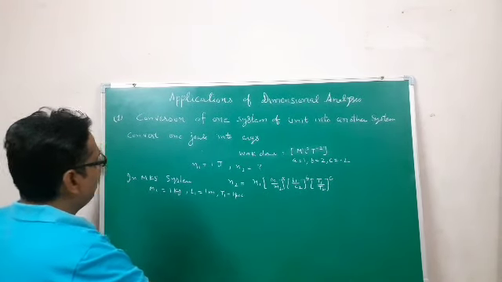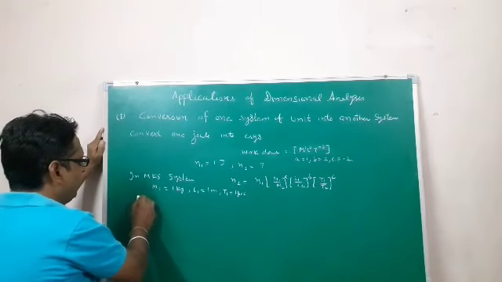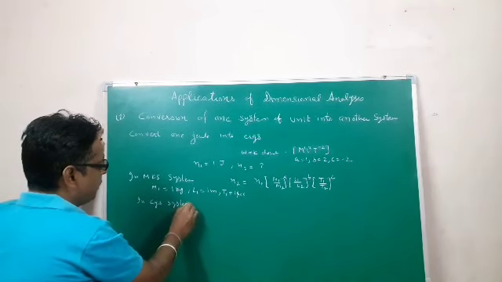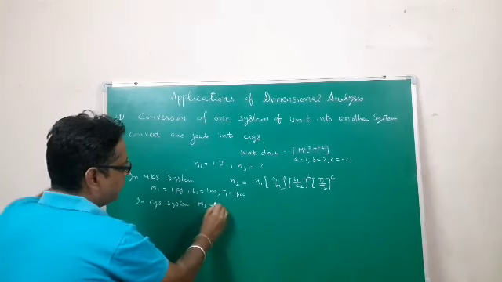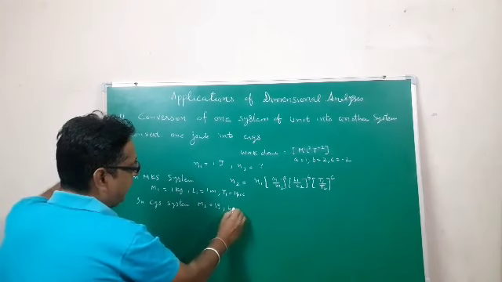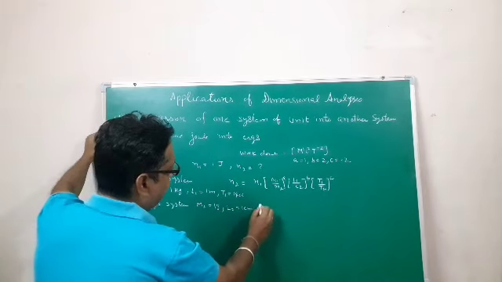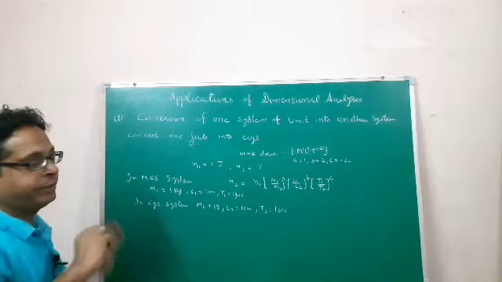Since we are going to convert into CGS system, in CGS system we have M2, this is 1 gram, and L2, this is 1 centimeter, and T2, this is 1 second.